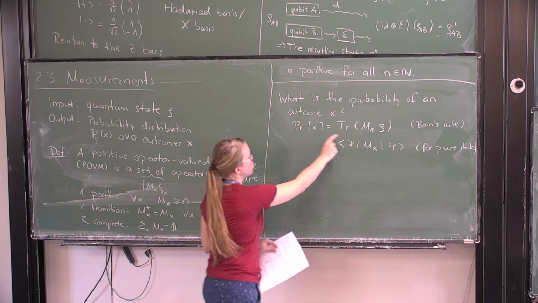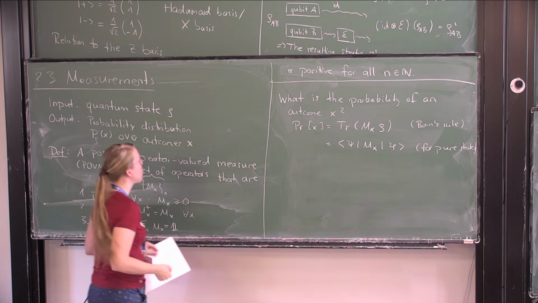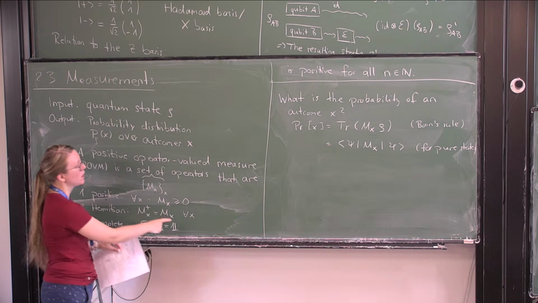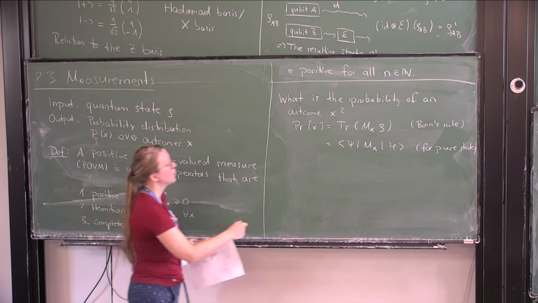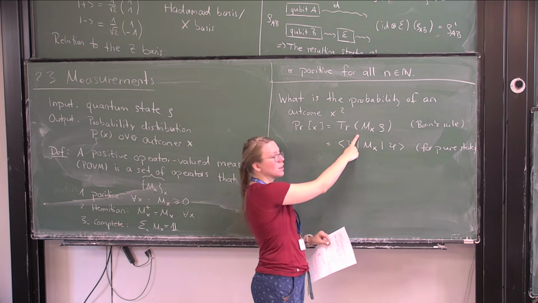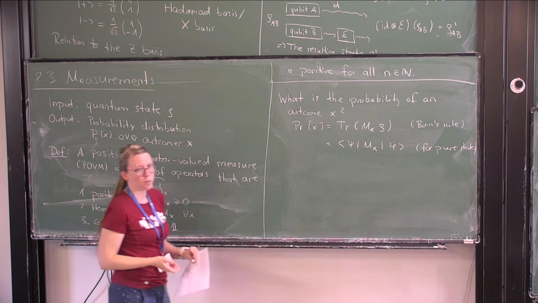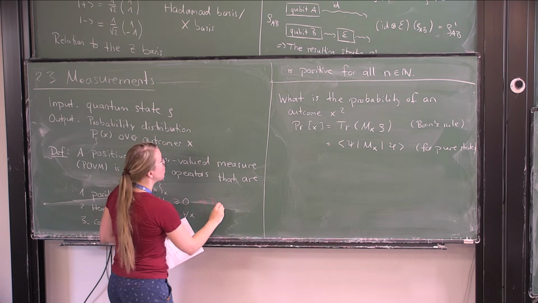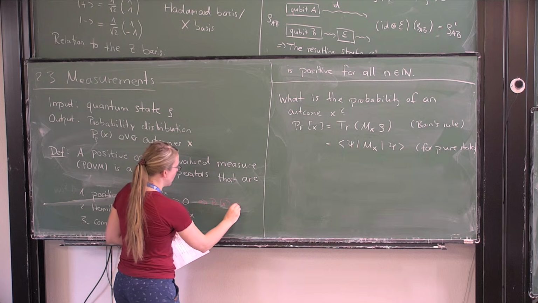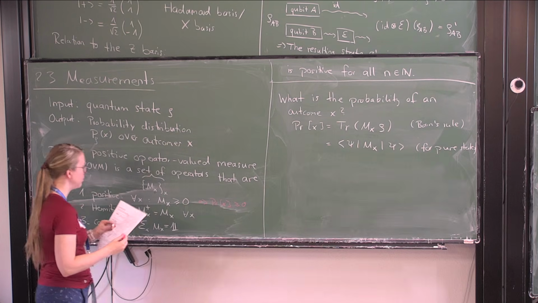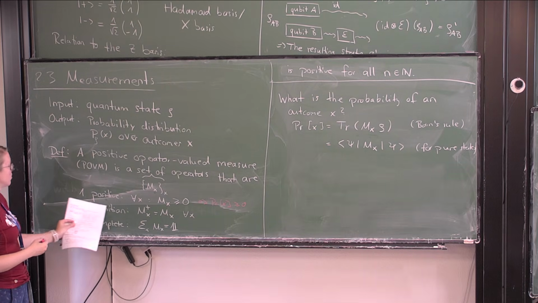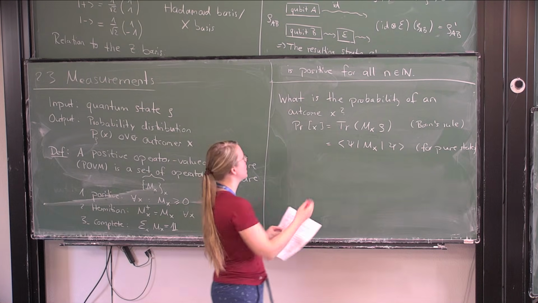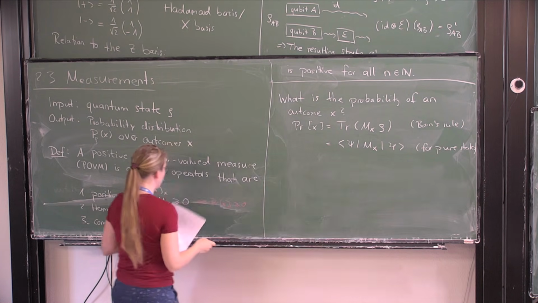If you take this rule to calculate the probabilities, then you can see that we need positiveness of the operators, because if they're positive, then everything you get from this formula will be a positive number, which we need for probabilities. So this one guarantees that the probability of x is non-negative. Then, if an operator is Hermitian, that also means it has real eigenvalues. That guarantees that all the numbers you get here are real numbers.